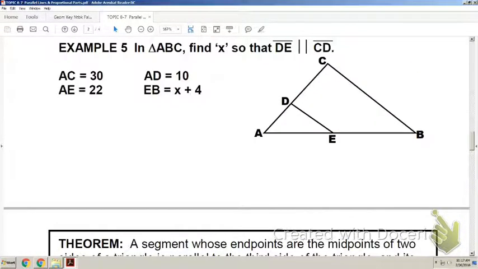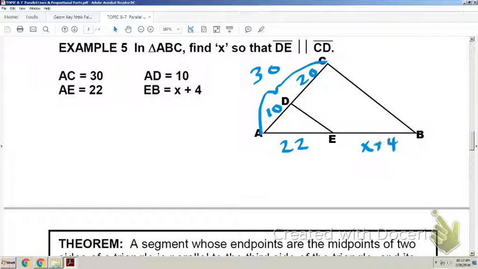Okay, example 5. Again, we're doing the same thing. So AC this time is 30. AE is 22. AD is 10, so that means that DC is 20. And EB is x plus 4.